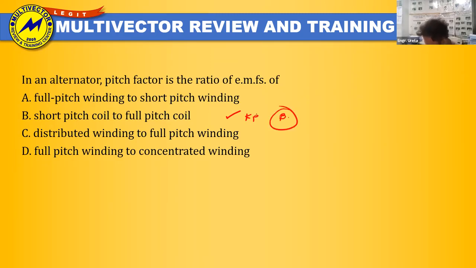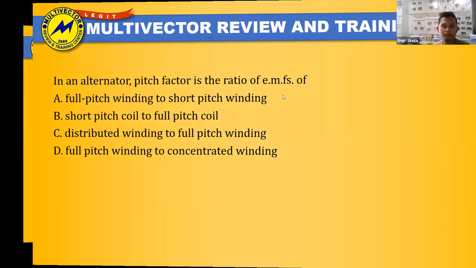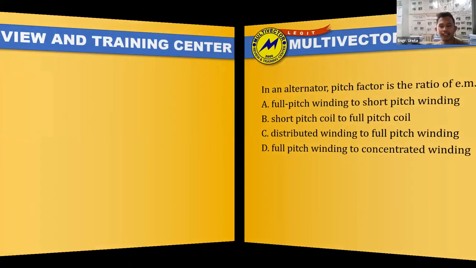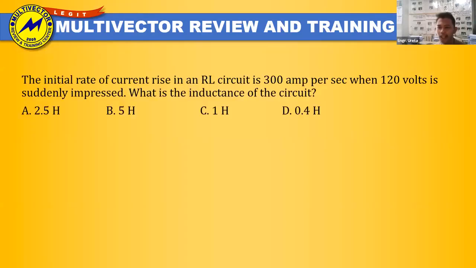Okay, next, the next problem is 43. The initial rate of current rise in an RL circuit is 300 amp per second when 120 volts is suddenly impressed. What is the inductance of the circuit? Here we have an RL circuit.